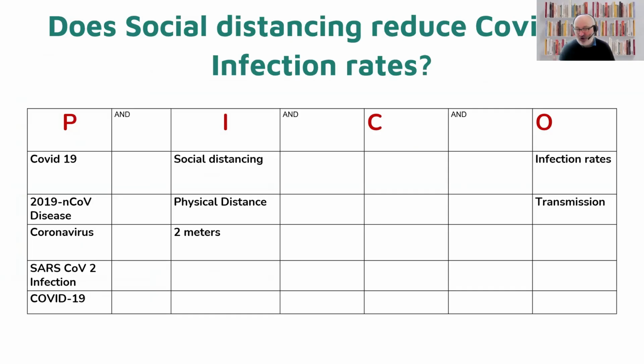Social distancing, which we saw in the word cloud, but physical distance, 2 meters. If you're in England, 2 yards, whatever the distance is. Infection rates, transmission. So it's putting that brainstorming in is really important. And it's where the team comes in with the different perspectives to make sure that we are thinking as thoroughly as possible.